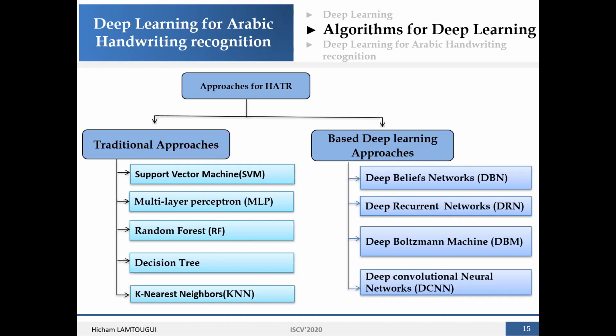On the other hand, the deep learning approaches for the classification and recognition of handwritten text are numerous, such as deep belief networks, deep recurrent networks, deep Boltzmann machine DBM, and deep convolutional neural networks.